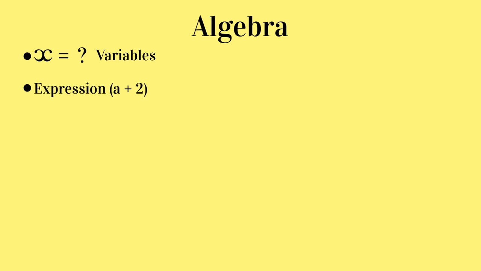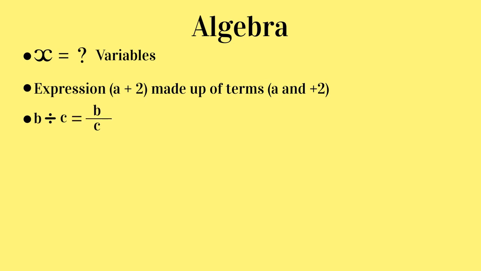Expressions are made up of terms, which are numbers and letters and include the operation signs in front of them. When an expression includes division, it is written as a fraction with one term over another.